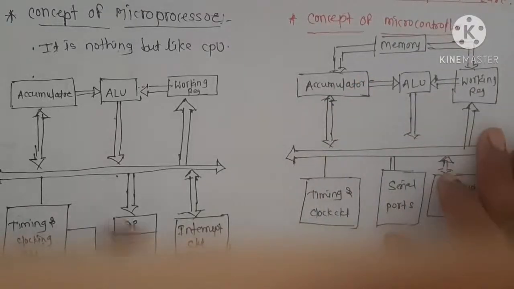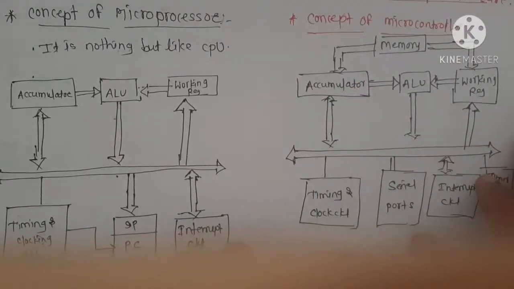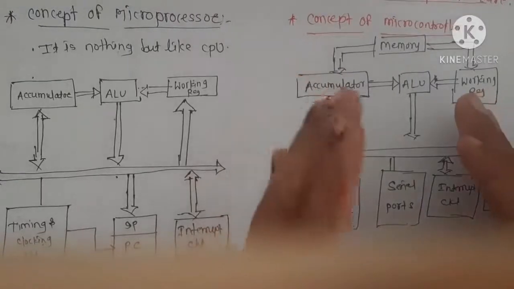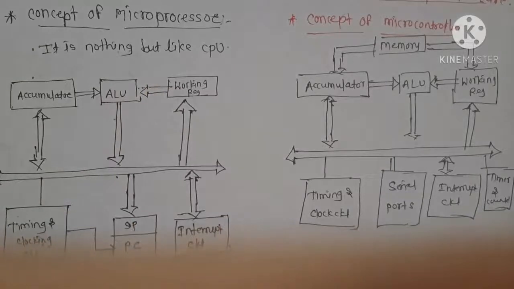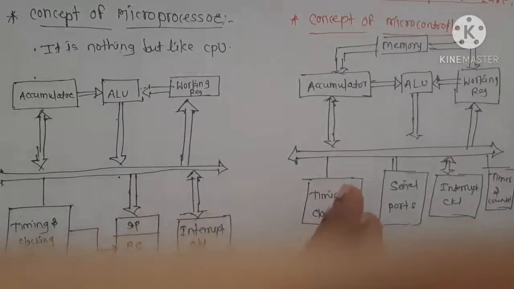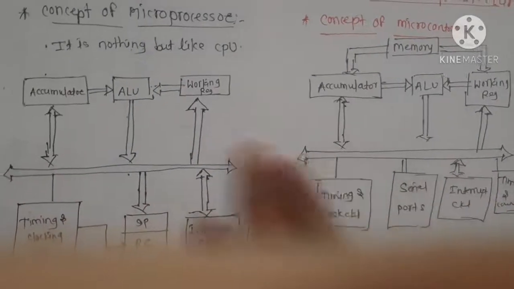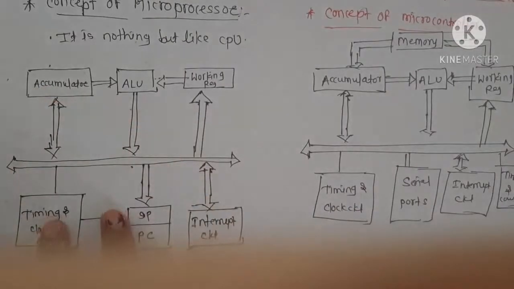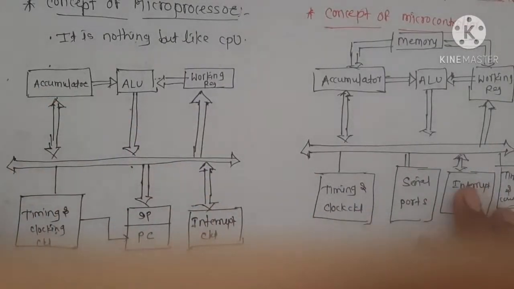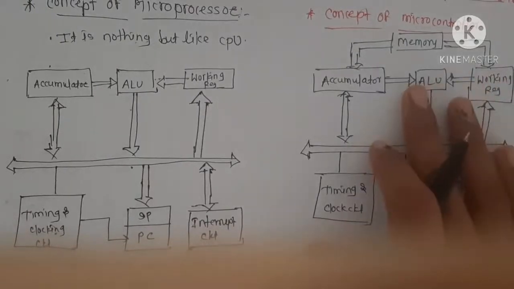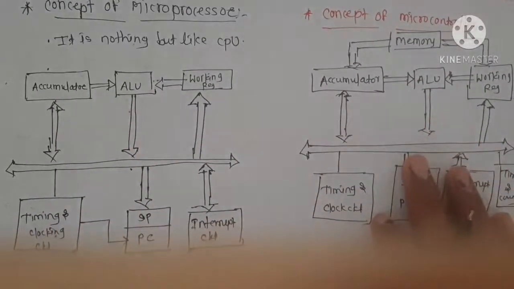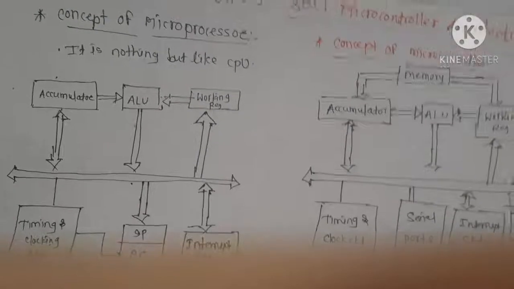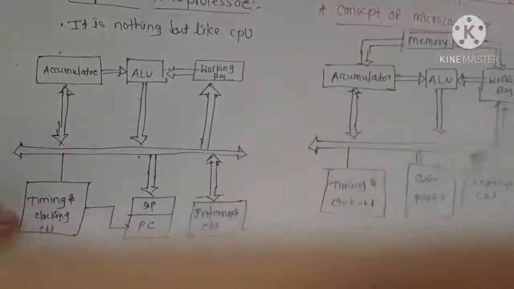That's why there is no need to connect external circuitry, so hardware is less here and more there. As hardware is more, PCB size also increases. Here PCB size is less. The microprocessor has fewer multifunction pins; the microcontroller has more multifunction pins. So these are the features of microcontroller. That's why we use a microcontroller instead of microprocessor.